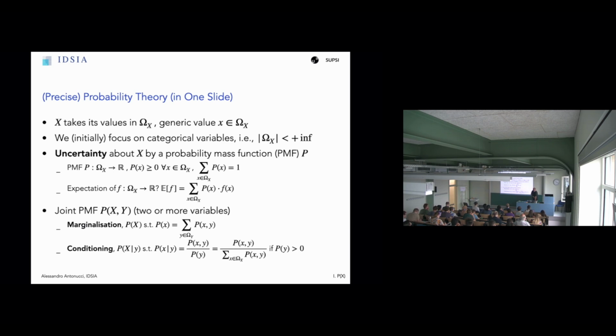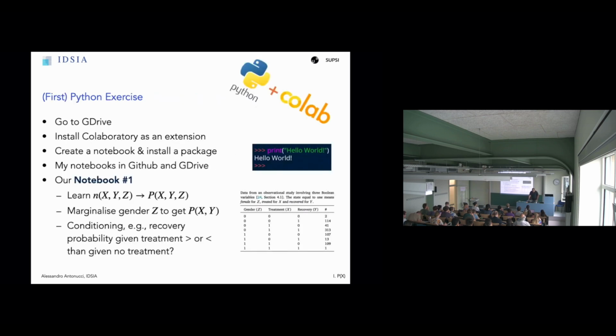And I'm also interested in conditioning, no? So maybe I have my joint probability, and I can compute the corresponding conditional probability. So I need the marginal, the probability of the conditioning event in the denominator. And basically, if this is strictly positive, I'm not considering the case of conditioning on zero probability events, I can compute this conditional probability.